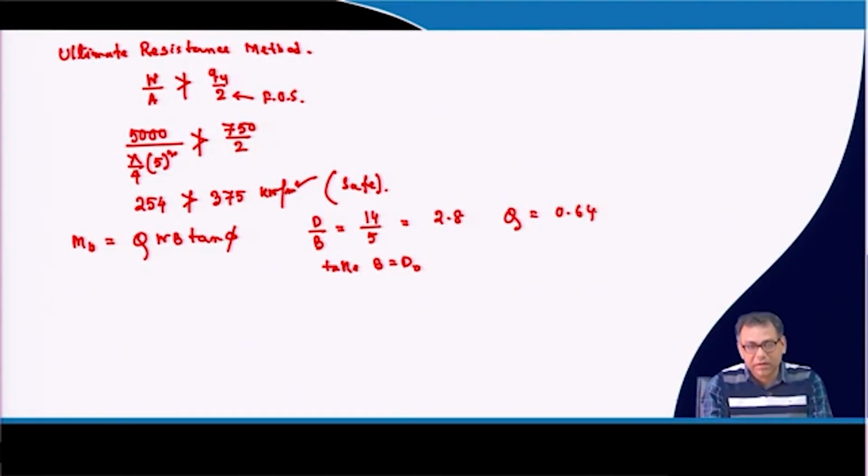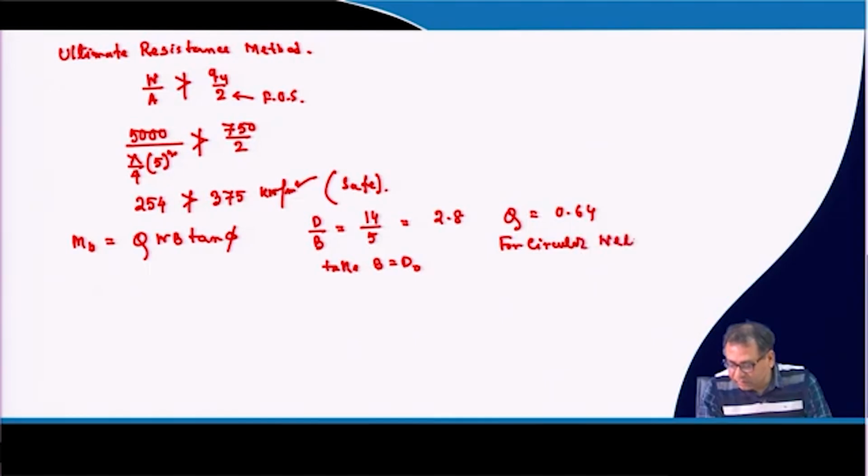So, for the circular well you have to multiply with a shape factor of 0.6. So, for circular well Q is equal to 0.64 into 0.6, that is equal to 0.4. So, this is a shape factor.